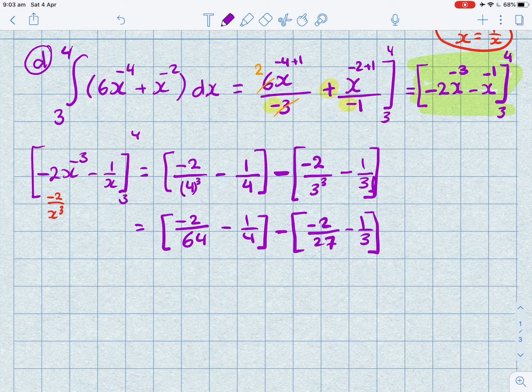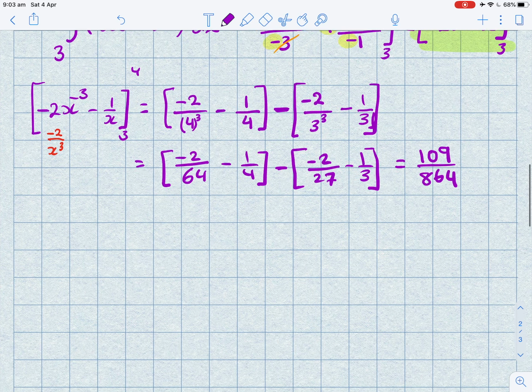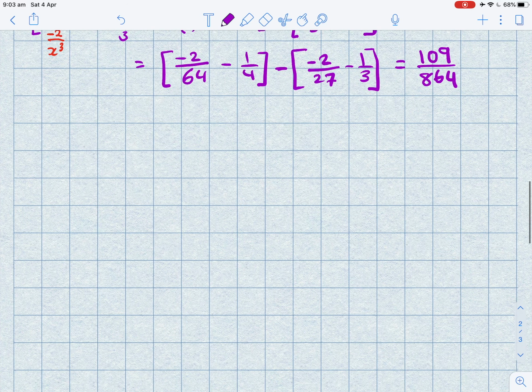So when you work this out from the calculator, you should get your answer, which is 109 over 864. I don't want to go through the details of it, but you should get the idea now. Right, so that was D.